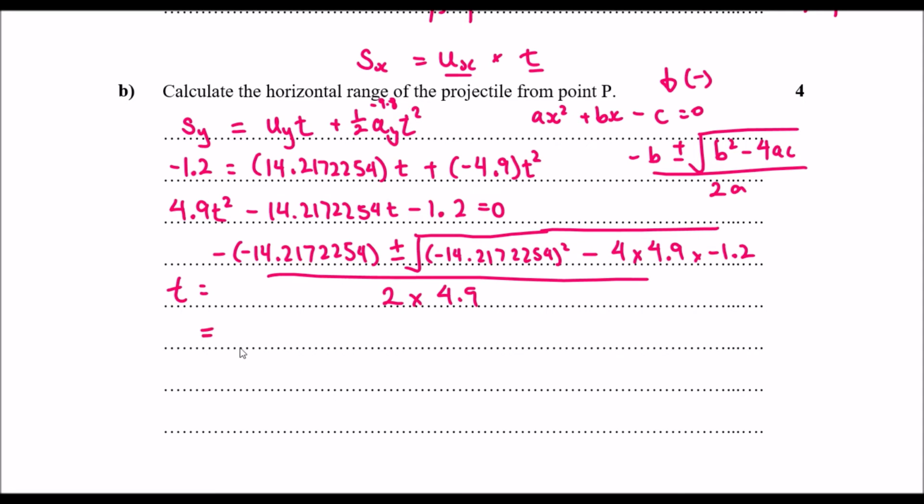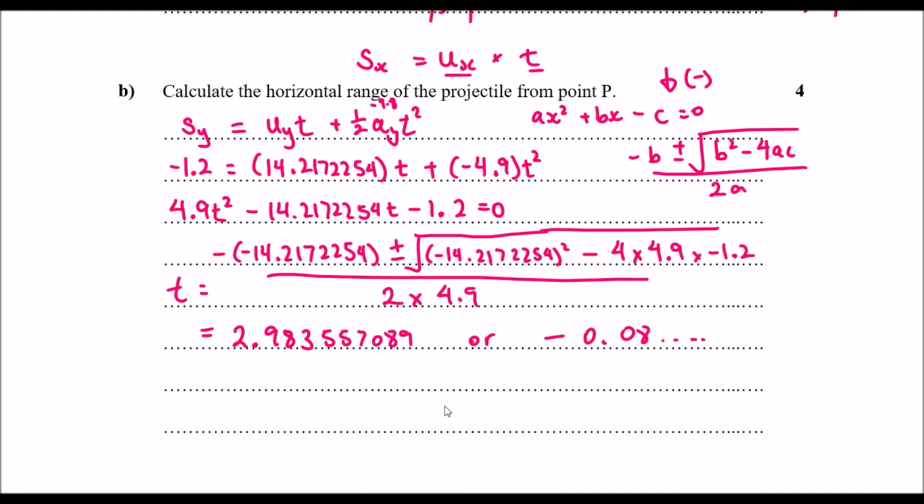Okay, so there's two values of time that I calculated. There was 2.98355708, or a value of negative 0.08. I didn't bother writing down the entire number of the negative value, because obviously we can't have negative time.